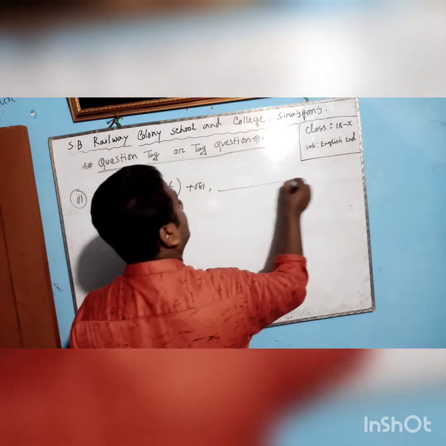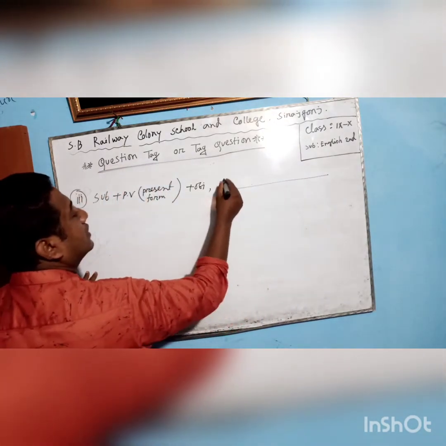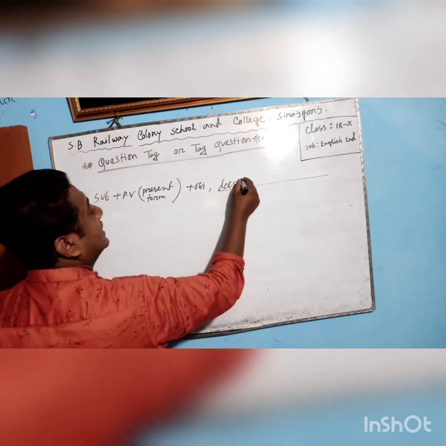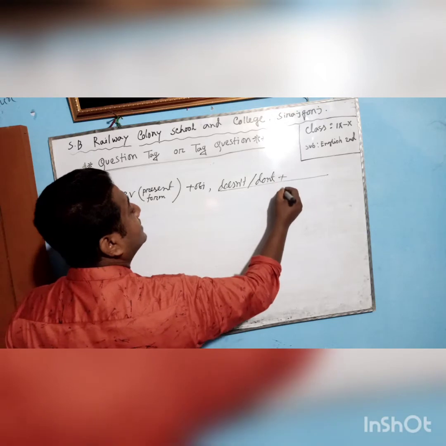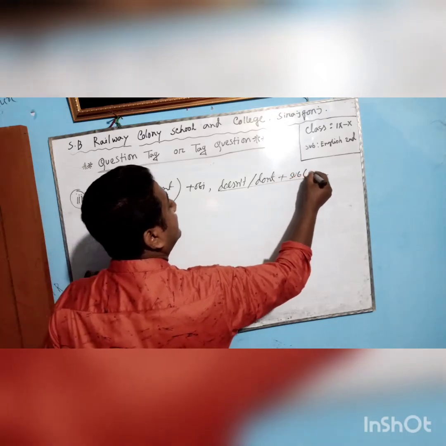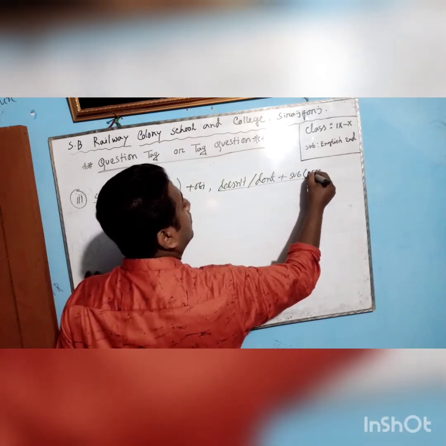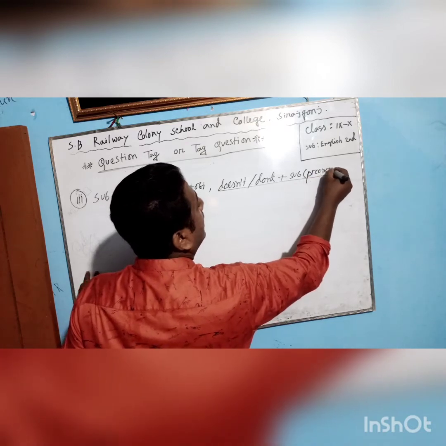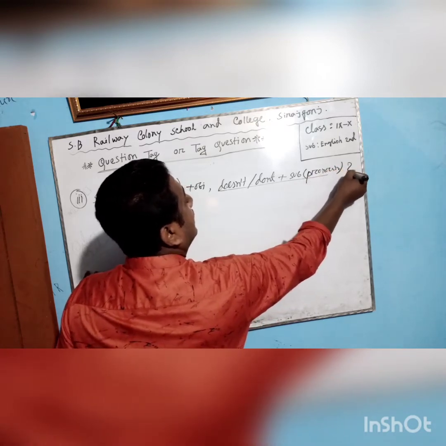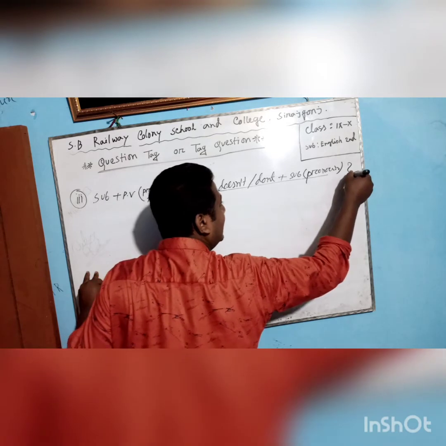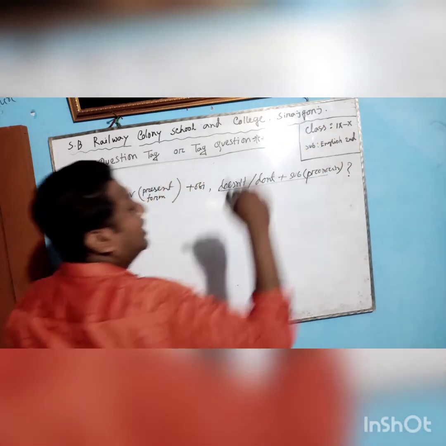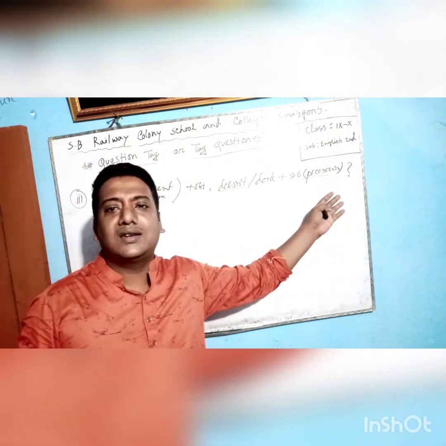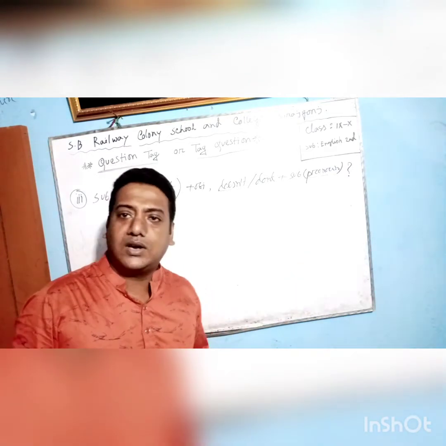Then we use doesn't or don't plus subject pronoun, and at the end of the question we put a question mark. Without a question mark you do not get any number.